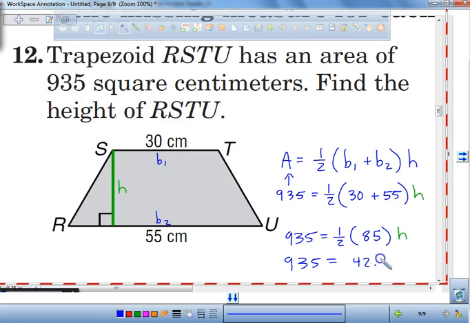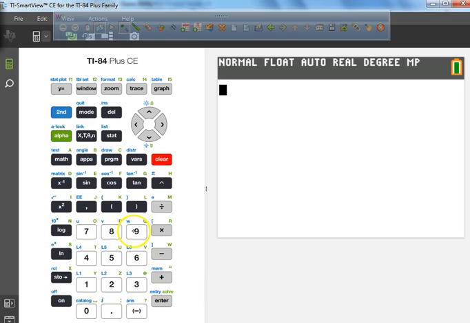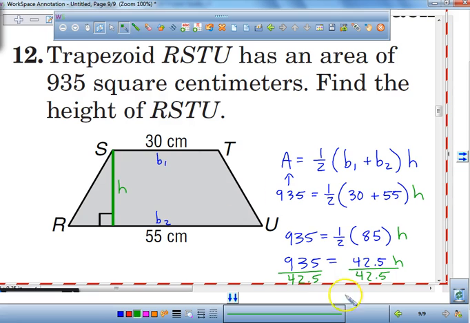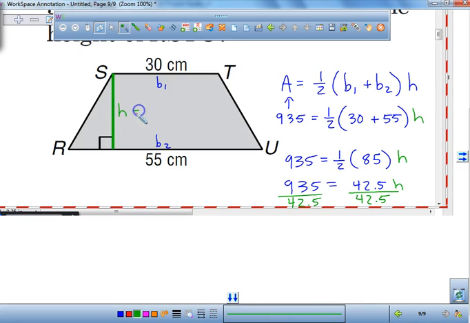All right, 42.5 times the height. And then we just divide both sides by 42.5. So 935 divided by 42.5 is 22. So our final answer, 22 centimeters. That's your final answer.